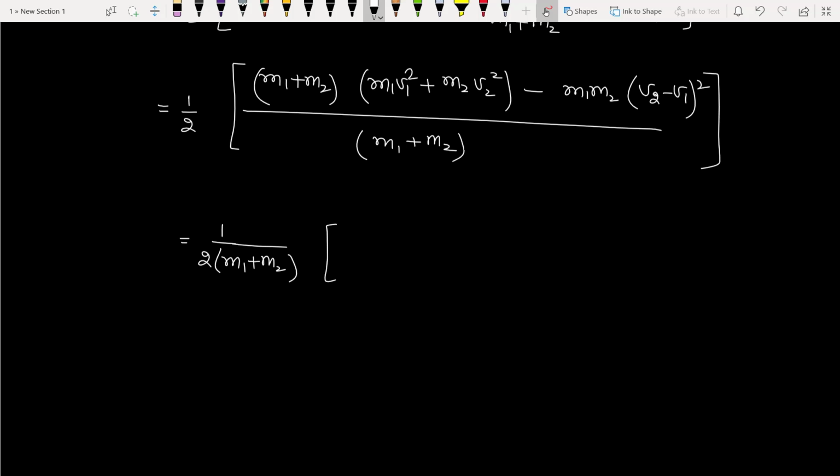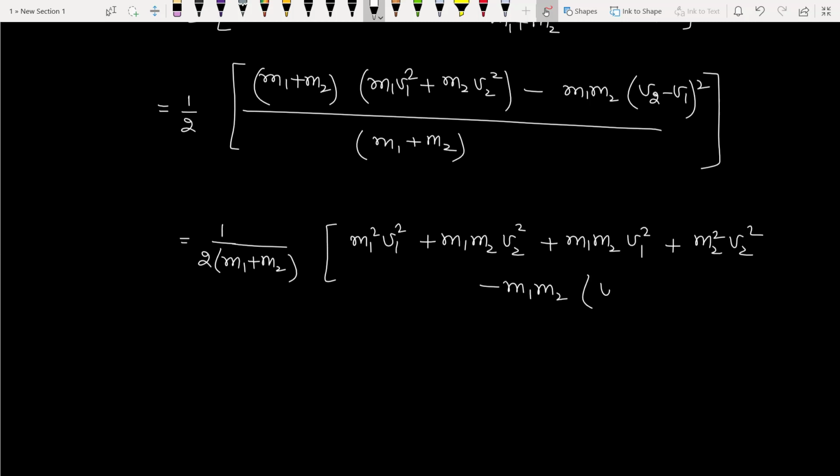When we open these brackets, firstly we multiply these two terms. It is m1 square v1 square plus m1 m2 v2 square plus m1 m2 v1 square plus m2 square v2 square, minus m1 m2 times v2 square plus v1 square minus 2 v1 v2.